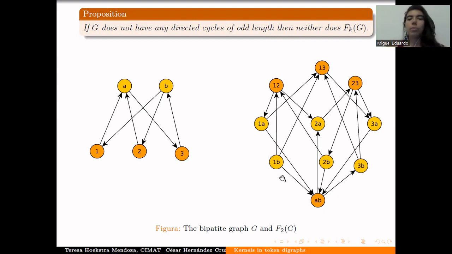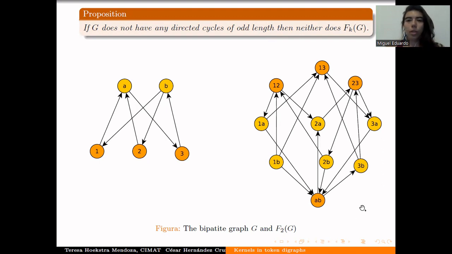All my examples will be for k equal to 2, because when k is 3 or larger, the pictures are very large and you cannot visualize them nicely. So here we can see that, again, the orange vertices form a kernel for this digraph. They are the vertices 12, 13, 23, and AB. We can see that there are no edges between them, and they are absorbent.